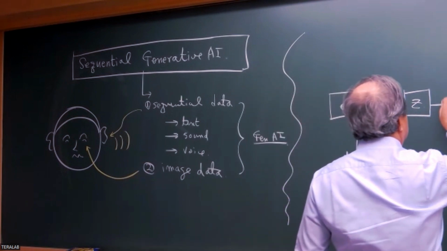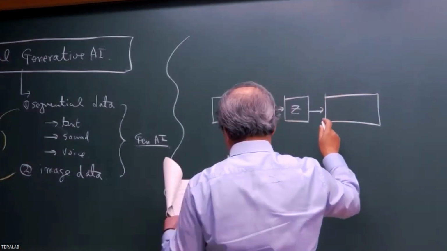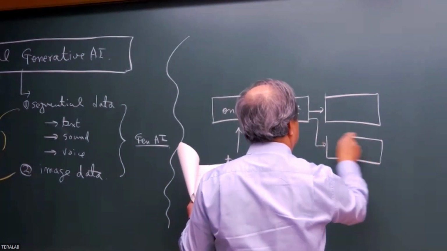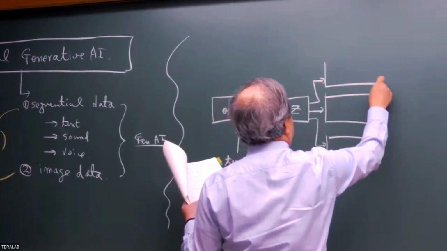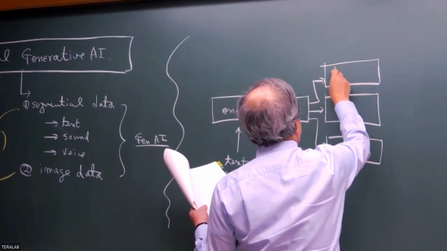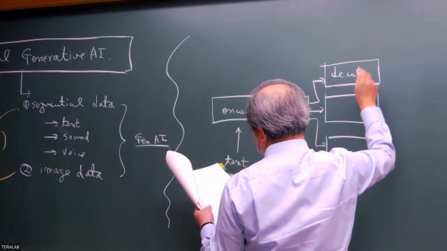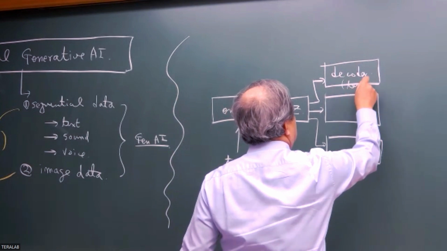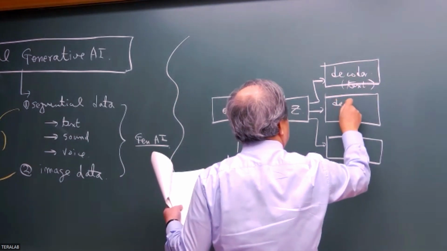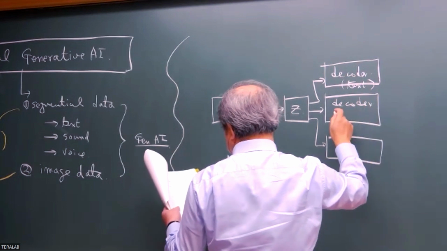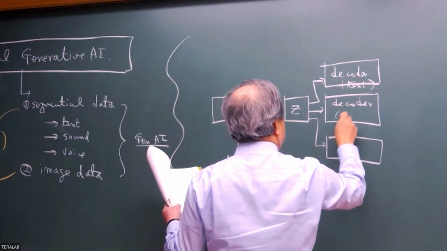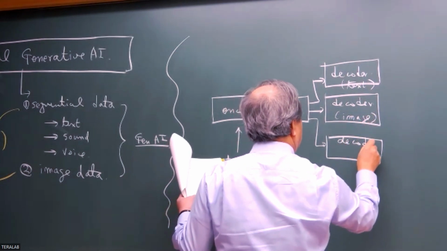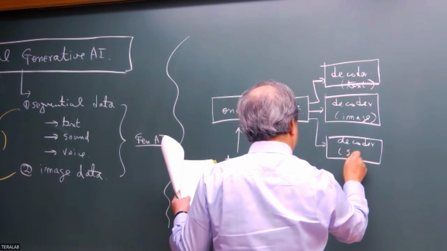The output will be supplied to probably three different decoders. The first one is a text decoder. The second decoder is for image. The third decoder may be for sound.